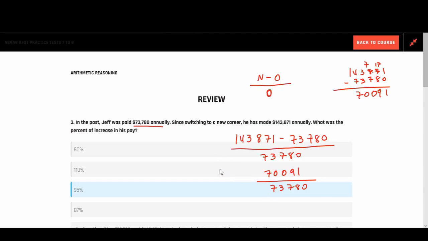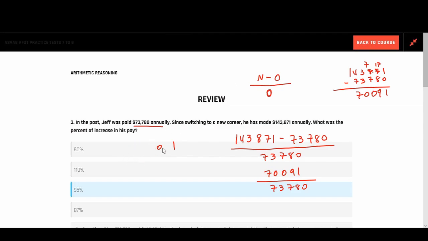Now, the ASVAB is really a test of common sense and your comfort level with being able to make decisions in terms of rounding. If I were to do this long division, it would take me a very long time and it'd be very taxing.